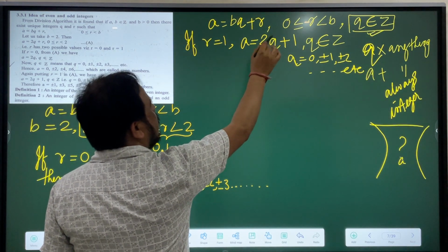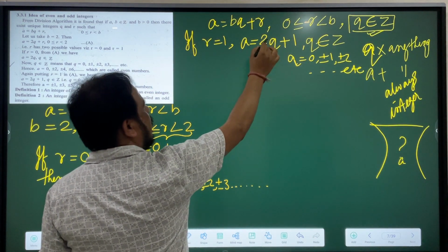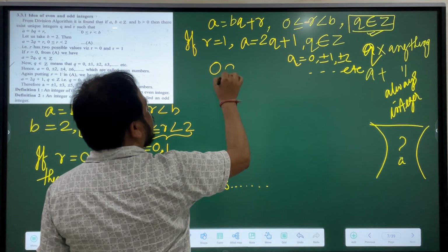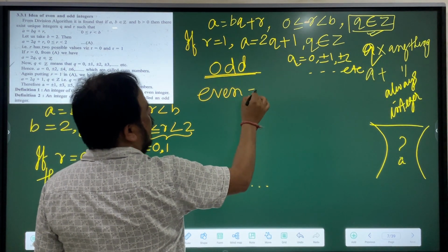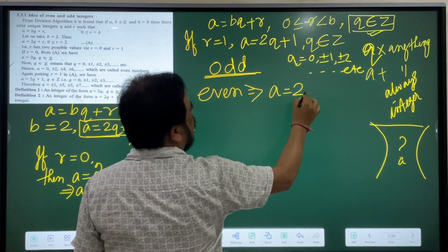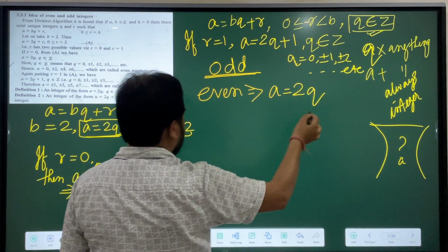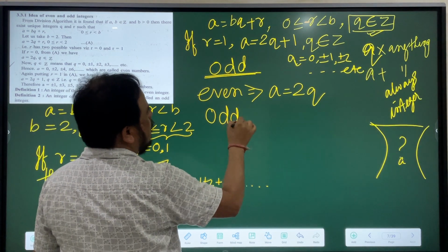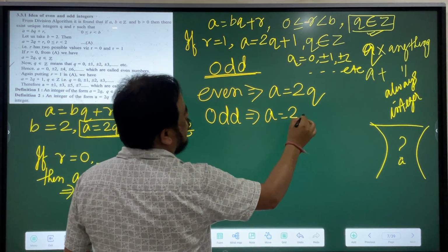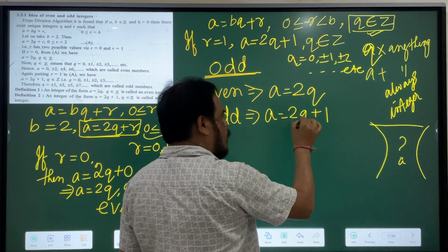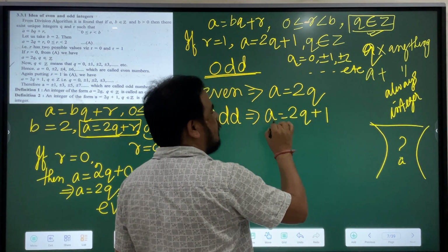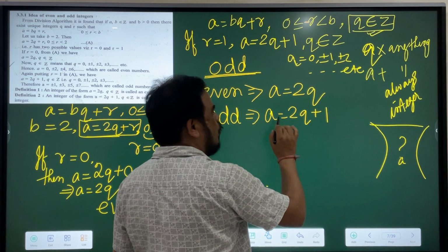So any integer you take as Q, you will always get an odd number. So for even what we have got, A is equal to 2Q, Q is an integer. For odd, A is equal to 2Q plus 1.